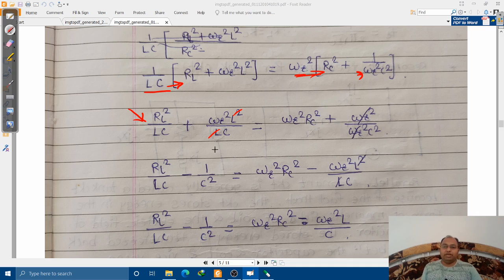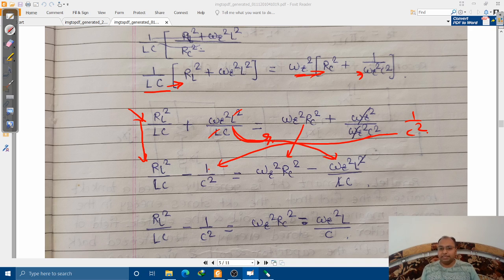Now what we did, we took the omega r term on one side, and this is now 1 upon C square. So this term we have taken to the left hand side, as it is, and the remaining is 1 upon C square only, and that term we have transferred to the right hand side.